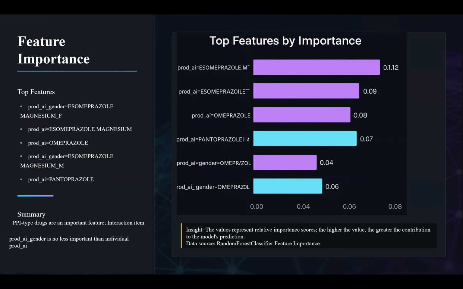The standalone gender variable has a lower importance, but still helps when combined with the drug information. This shows that both drug type and gender influence what type of adverse event occurs.